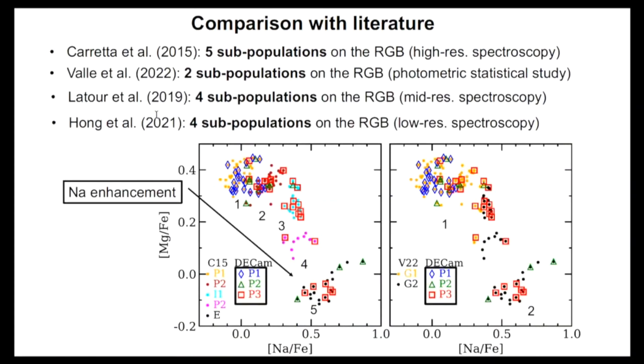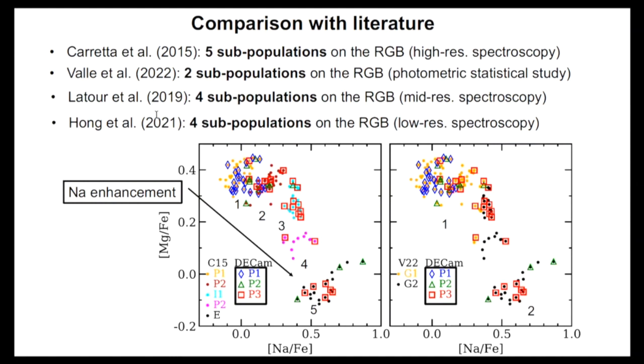So we had a lot of spectroscopic data, mostly high resolution from, I think it was FLAMES and GIRAFFE from VLT, from Carretta, and we also had data from MUSE published in Latour. And so we could compare this selection based on photometry to spectroscopy.